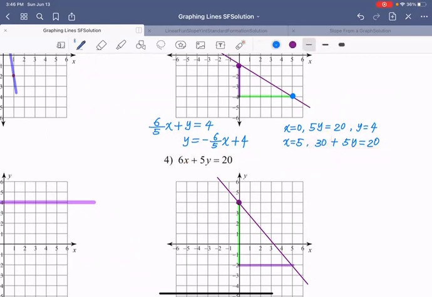Okay. y equals how much? y would equal -2. Very good. So 2 points. One of them is (0, 4). The other is (5, -2). Okay.